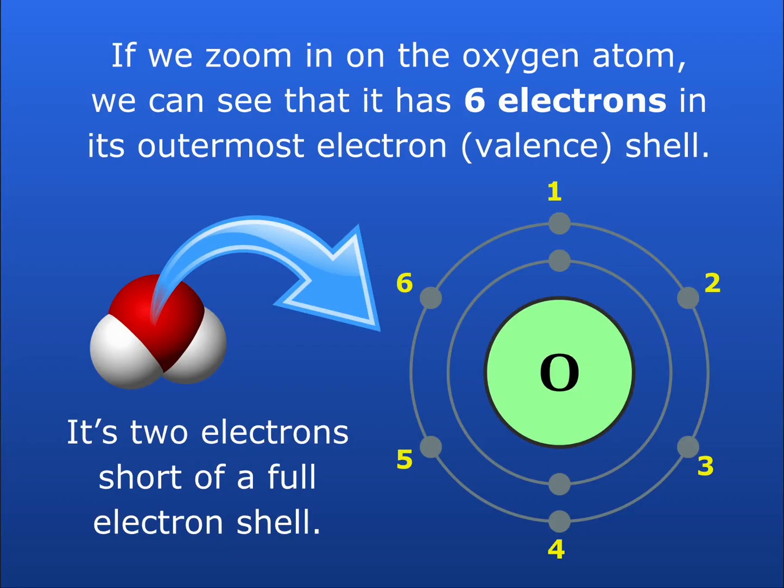If we zoom in on the oxygen atom, we can see that it has 6 electrons in its outermost electron shell, or its valence shell. 1, 2, 3, 4, 5, 6. So that means it's 2 electrons short of a full electron shell. Remember, atoms want 8 electrons in that valence shell, and right now oxygen is 2 short.